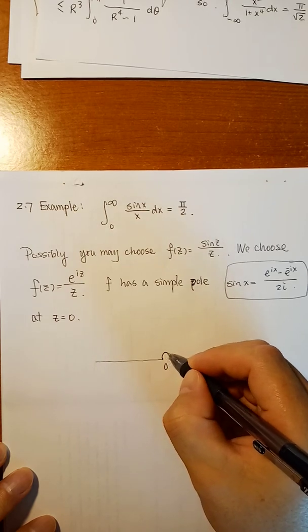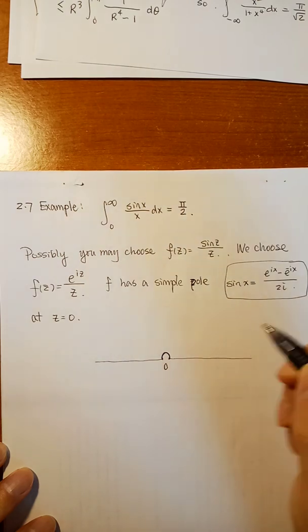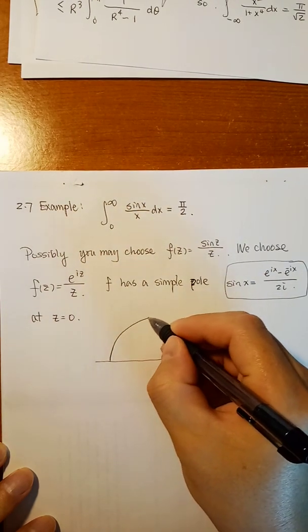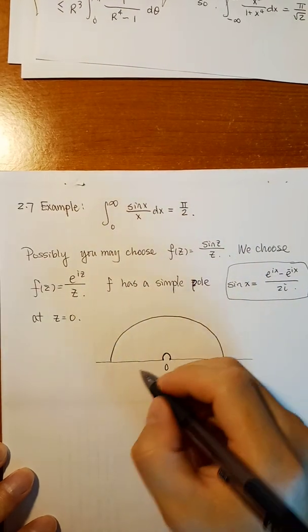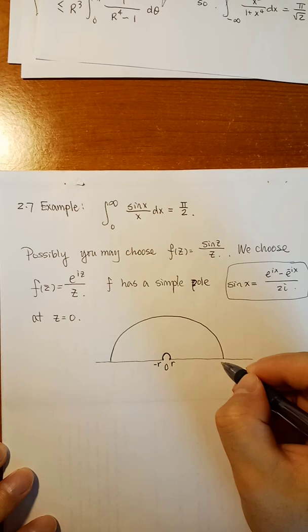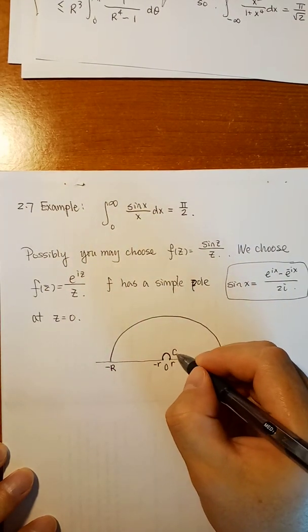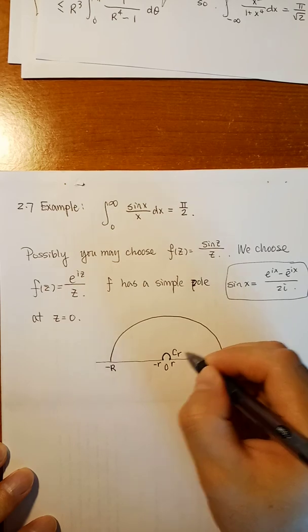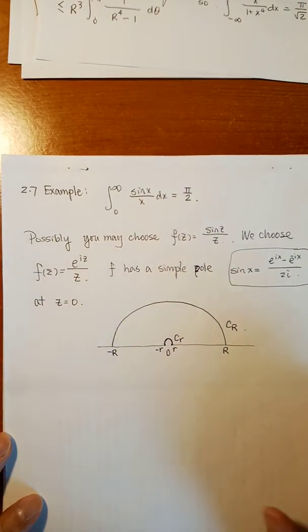Then we draw a semicircle detour, and a bigger semicircle. So this is negative r, this is capital R, negative capital R. This is called C little r and C capital R.